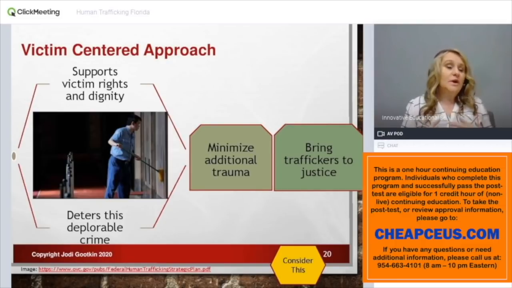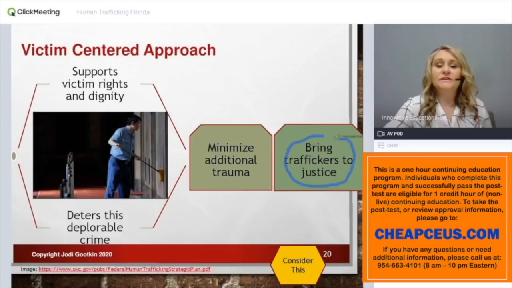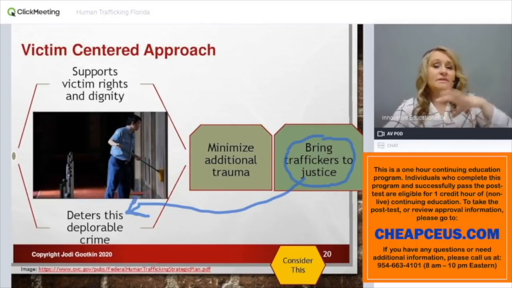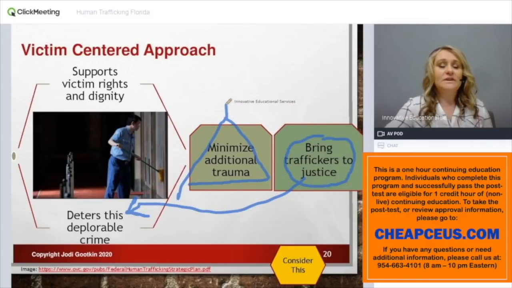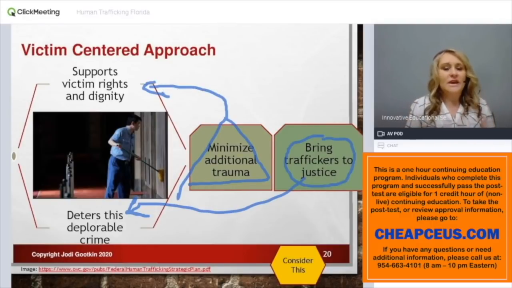What's utilized by all the different agencies as they're developing different services, protocols and resources is the recognition that there is a need to bring these traffickers to justice because they have committed a significant crime, but that needs to be balanced with minimizing additional trauma to the individual who's been trafficked and supporting their dignity and rights and what they need.